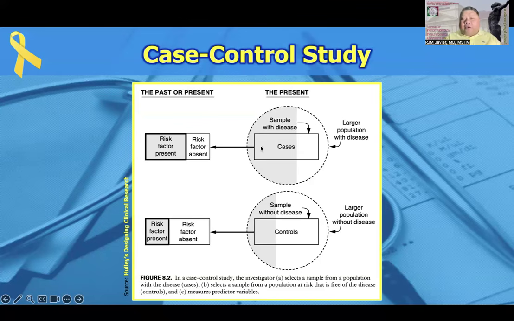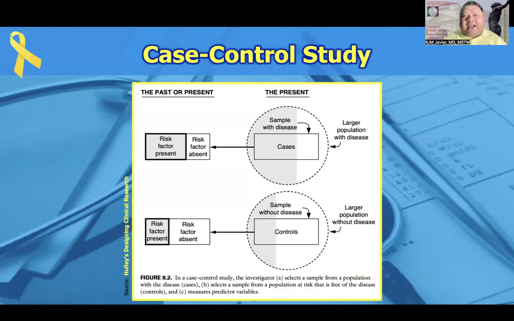Among, let's say, those with a disease, you get a representation of those people who have the disease. So you sample, and then you look back in time or to the recent past to see whether or not those cases would possess a particular risk factor or they do not have that risk factor.